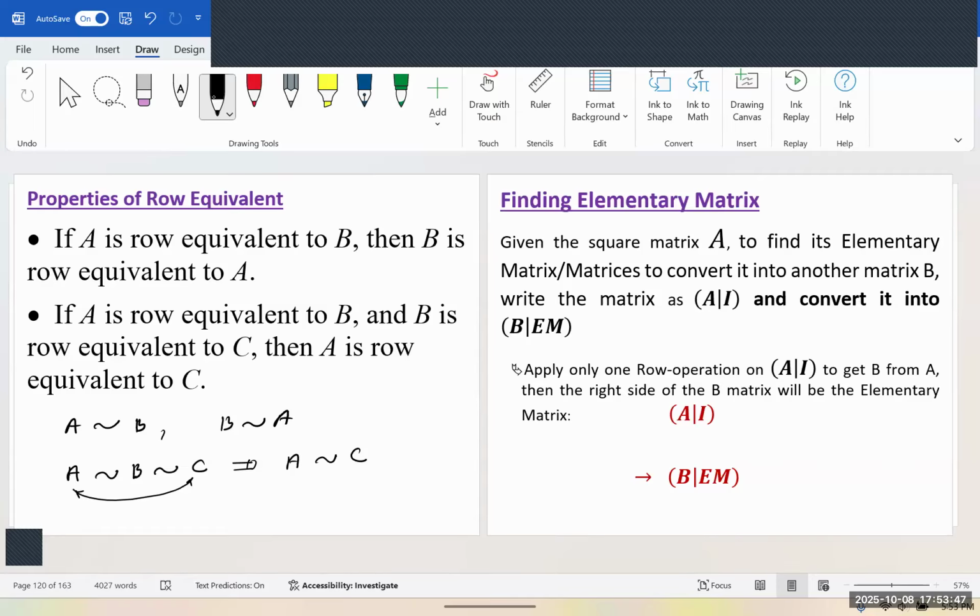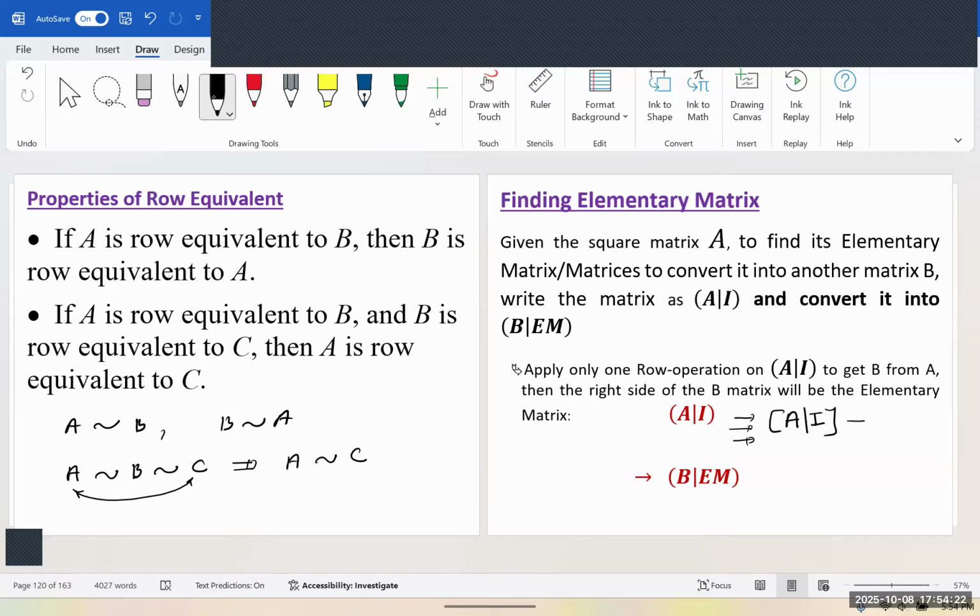Let's say you want to find what elementary operations you can apply on A so that you can get its row equivalent matrix B. To find that, we are going to rewrite the A matrix as A vertical bar I. And then we apply row operation 1, row operation 2, row operation 3, whatever is needed.